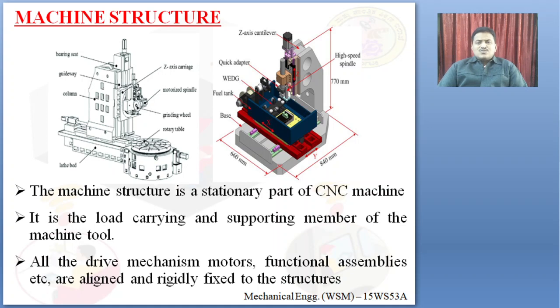That is why it is a structure. What is a structure? A structure is meant only for carrying the load, and it is a supporting member of a machine tool. No mechanism has to be transferred on this; it is meant only to carry the load. Once it carries the recommended load, it finds its application.